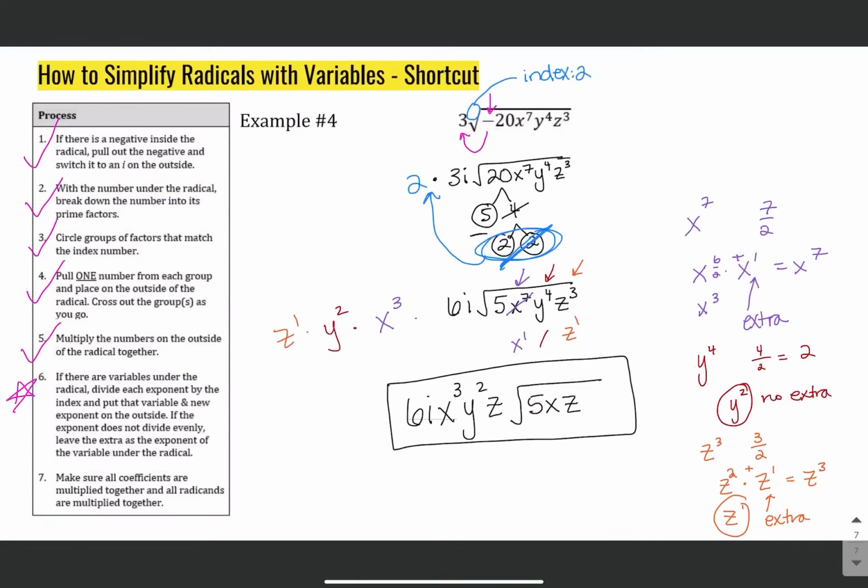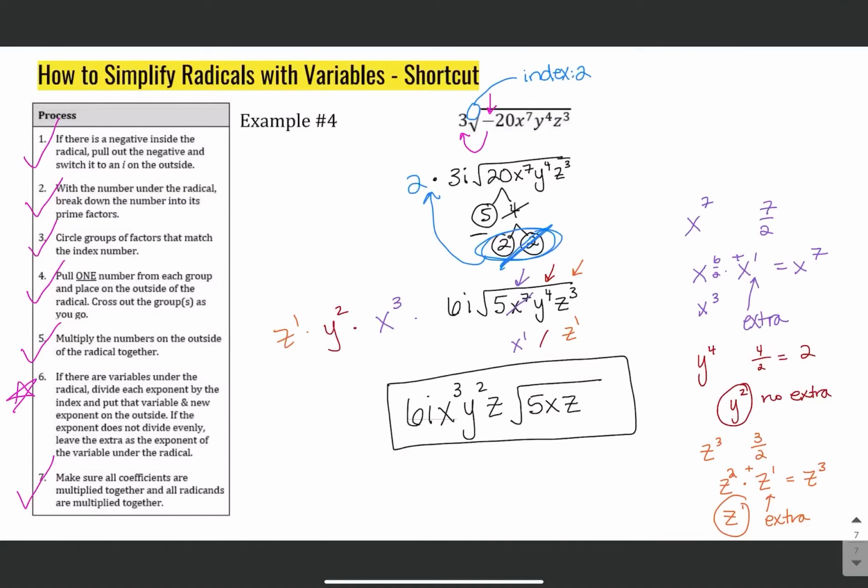So again, this is a little bit of a shortcut, just to make sure that you have some options. To be honest, the shortcut is easier just to show you. It's hard to explain. But you're looking for, again, groups that would divide evenly.